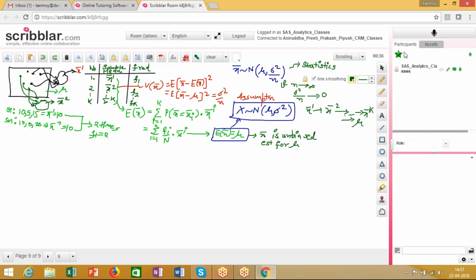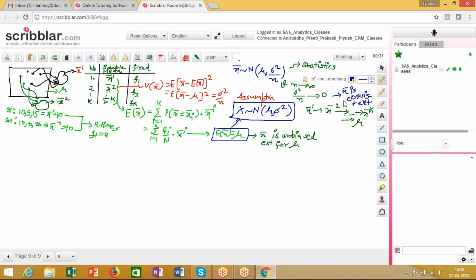So from this discussion, we can also say that x bar is consistent. So x bar is a consistent estimator for mu.